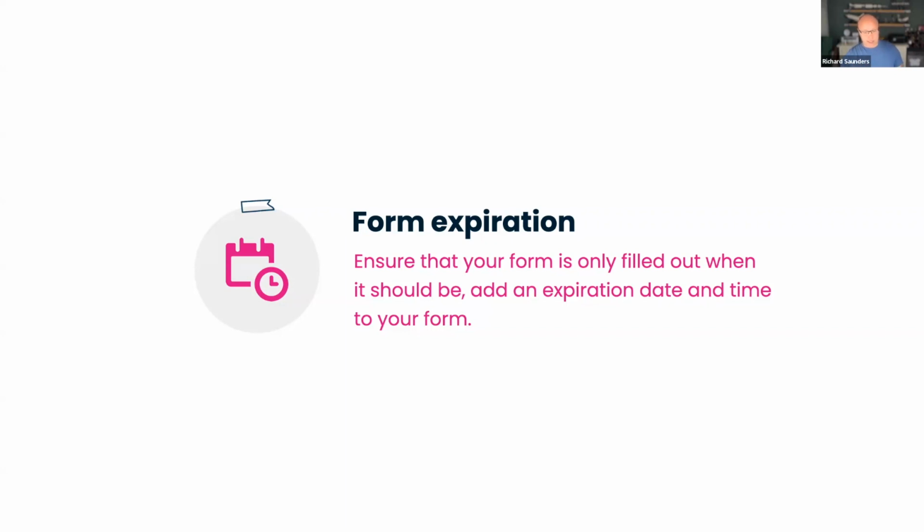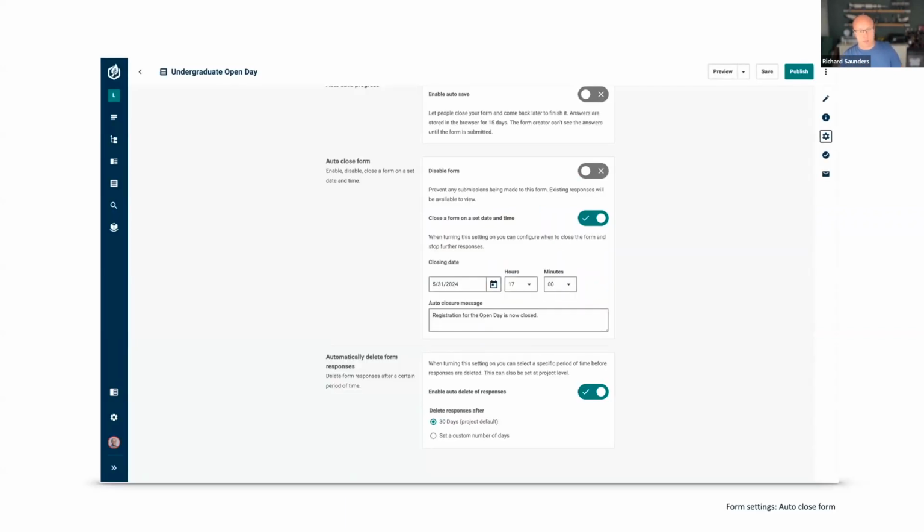So we're supporting expiration dates within forms with a date and time, where you can also set a custom closure message so respondents understand, maybe if they've been shared a link to the page where the form is, it would now display that in this case the registration for the open day has been closed. And you can also manually disable forms if you need to.